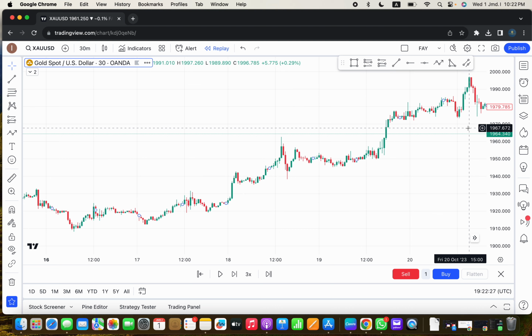If this is where I enter the market, I will begin to look for an engulfing candle, where the next candle that formed in this uptrend actually consumed the previous candle.